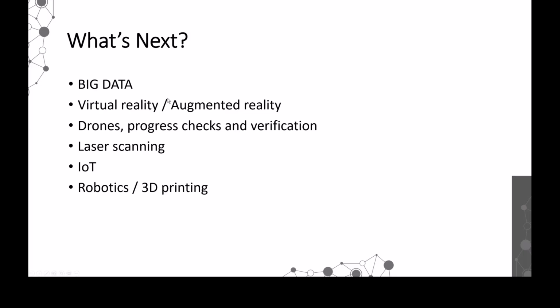So that's quite powerful. And then we've got laser scanning, Internet of Things. So that's when you've got all of the lights and everything connected through to the internet, and you can monitor your electrical loads. So that's becoming more and more common, as well as robotics and 3D printing.